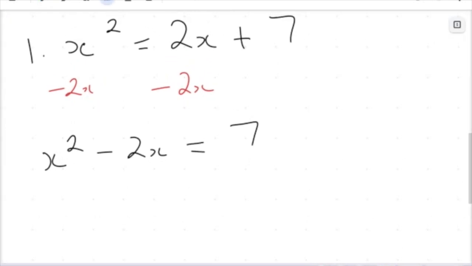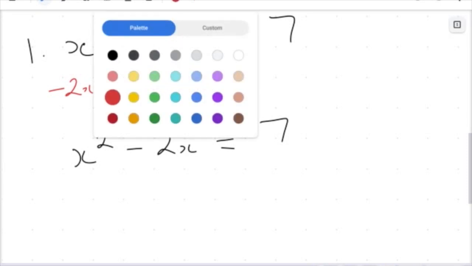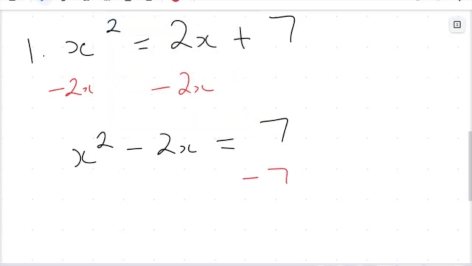And then finally, I'm going to get the 7 to my left-hand side. Because remember, I want 0 on this end of my equal sign. So I'm going to subtract 7 from both sides. Remember, what we do to one side, we have to do to the other.